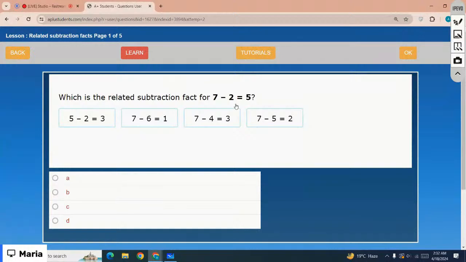The correct option is option number D, right? They have the same numbers. 7 take away 5 equals 2. So option number D is the correct option.